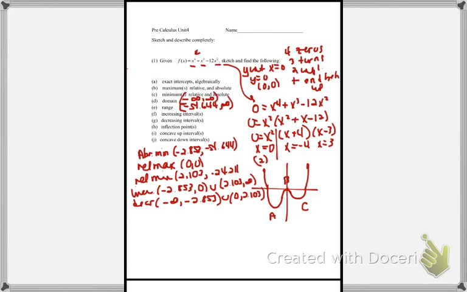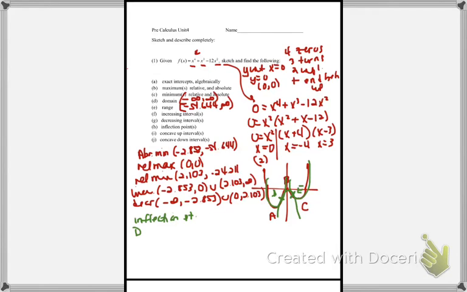Now to find your inflection points, we need to look at your concavity. We've got a concave up and another concave up, and then in between we concave down. So from B to A, we share. We need a midpoint. From B to C, we share. We need a midpoint. The midpoints of these parts of your curve, your function, are called your inflection points.